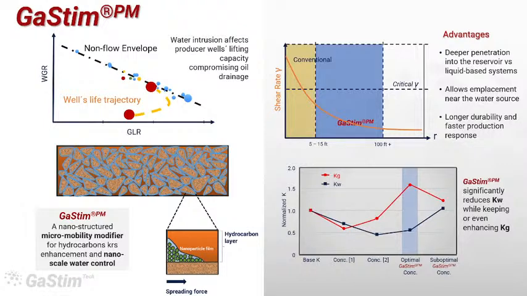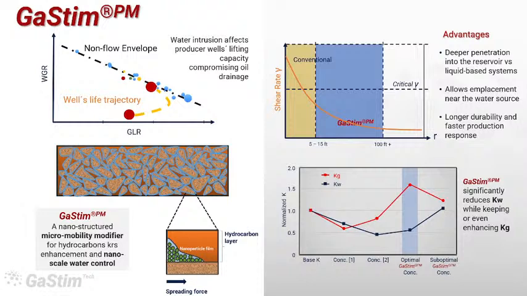For example, this is usually seen by graphing a no-flow envelope of water-gas relationship versus gas-liquid relationship, where we can see a limit on the well's life.